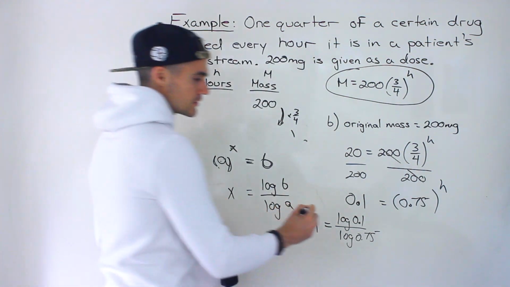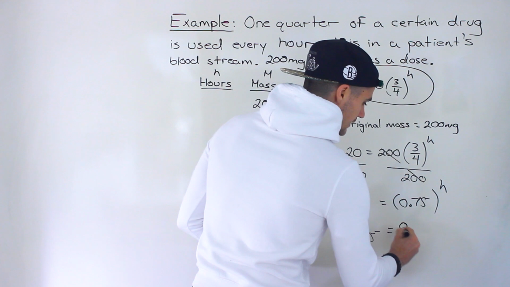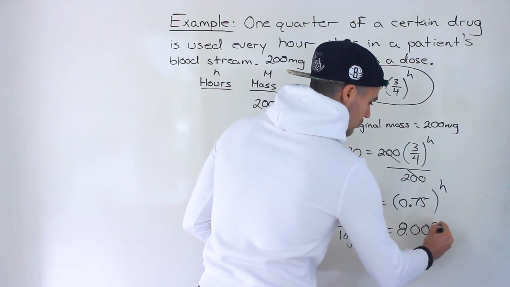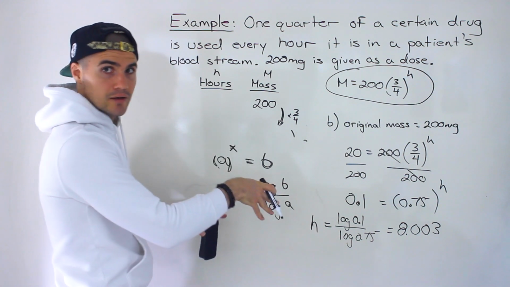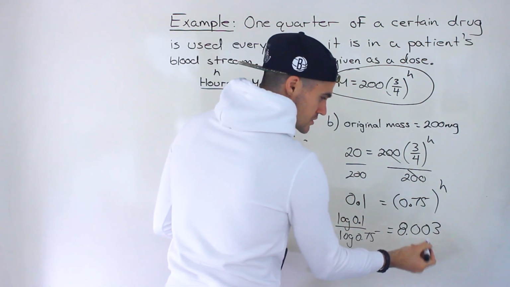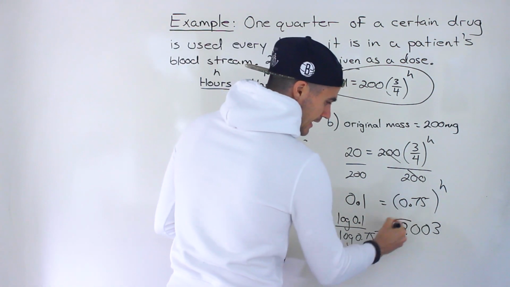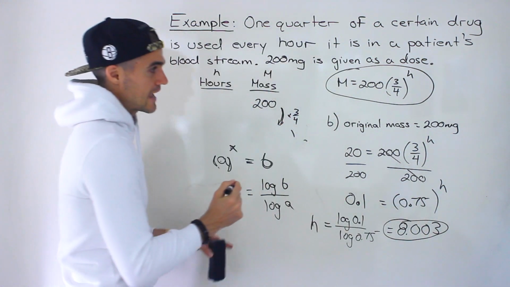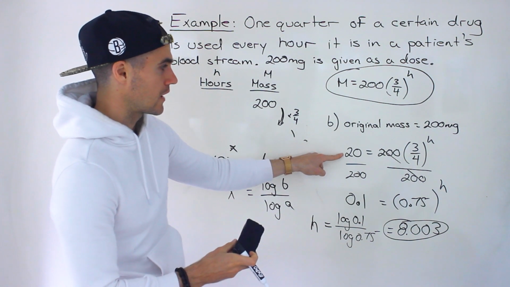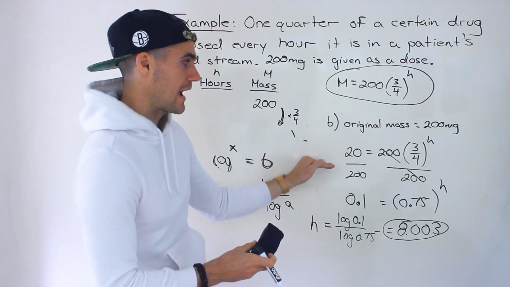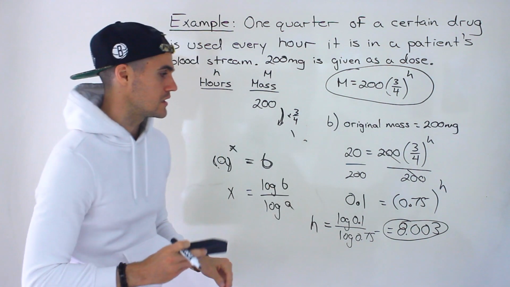When you do that calculation, I think you'd get approximately 8.003, which is what we got before when we did it manually, something very close to 8. So between 8 and 9 hours, closer to 8 hours. That's when the dose is going to pass that 20 milligram mark, or 10% of the original dose.